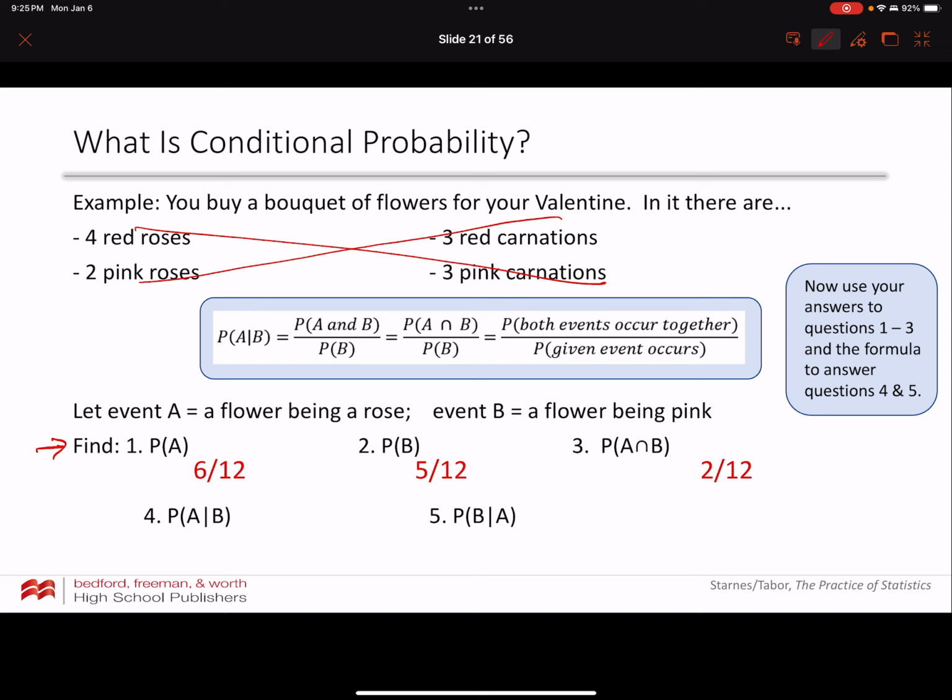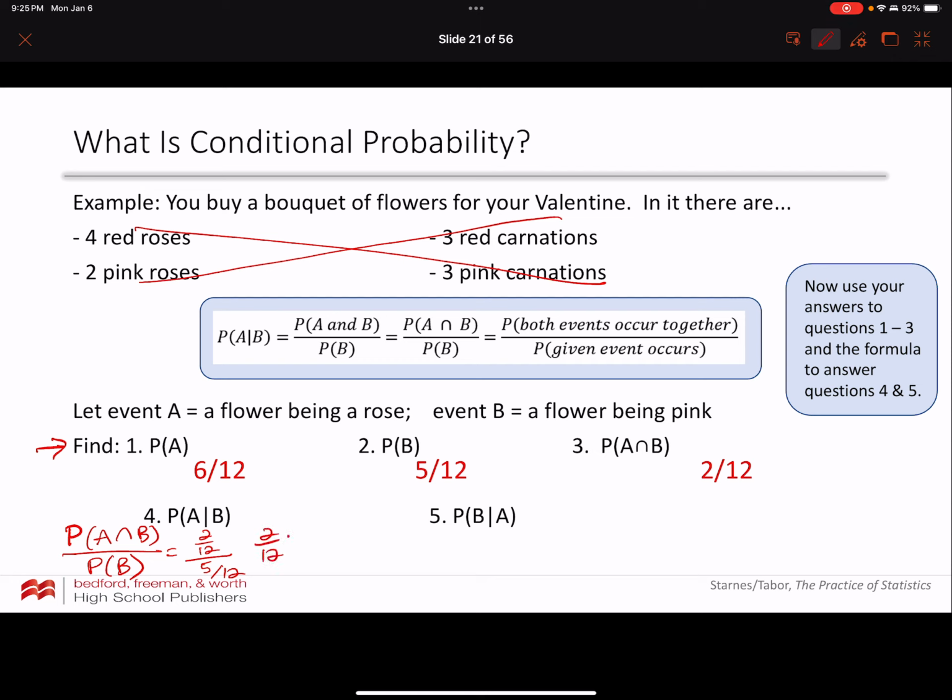So in number 4, I want to find the probability of A given B. According to this formula, the probability of A given B would be the probability of A and B divided by the probability of the given, which is B. And so that would be 2 out of 12 divided by the probability of B, which is 5 over 12. 2 over 12 divided by 5 over 12.